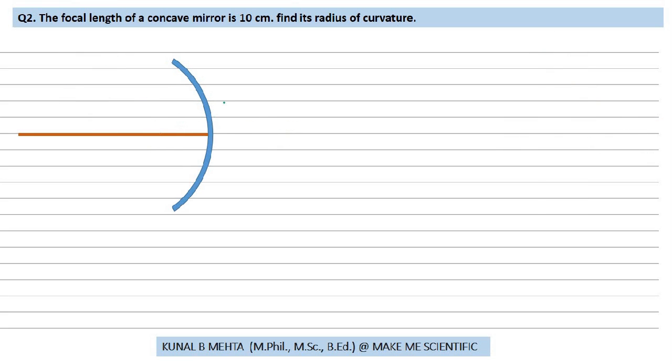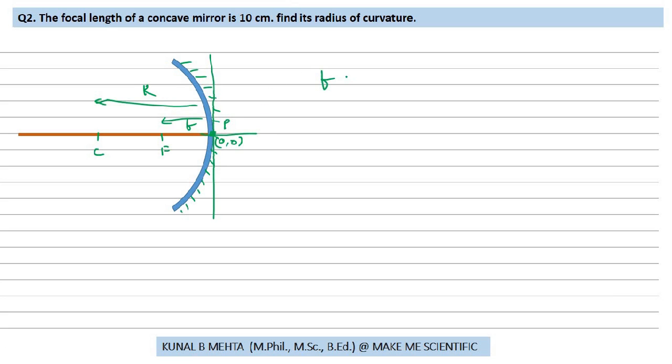Now we have a concave mirror. Again, I should draw the origin like this, passing from the pole, and the reflecting surface is inside and the painted surface is outside. Focus, center of curvature, and both my answers will be, of course, negative, focal length and the radius of curvature.